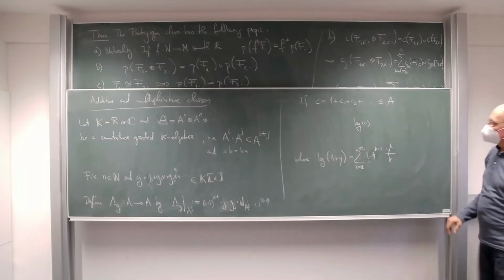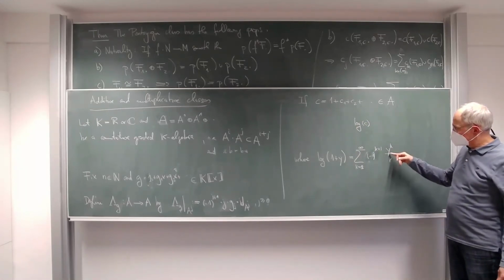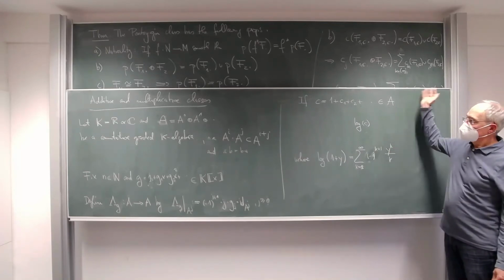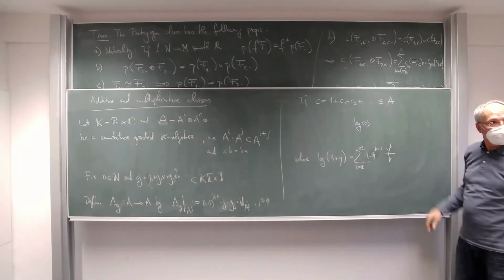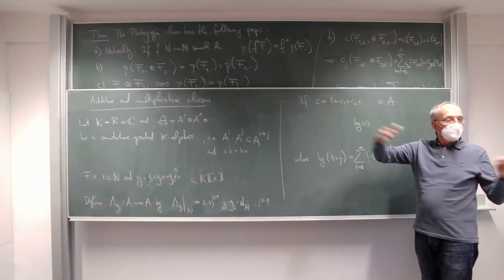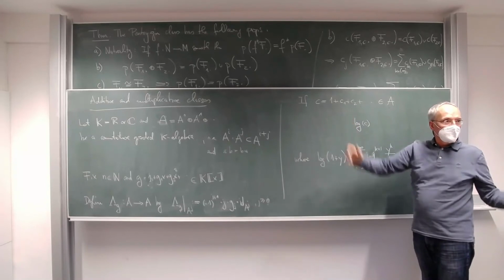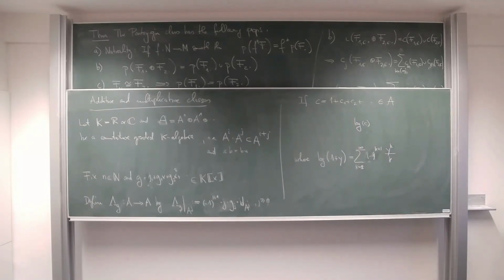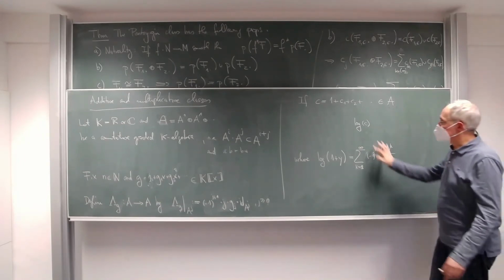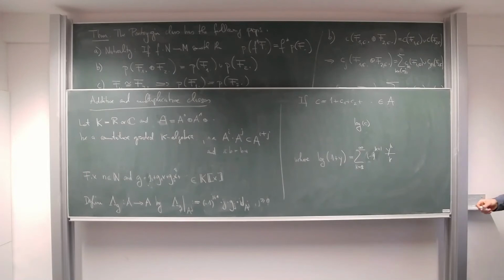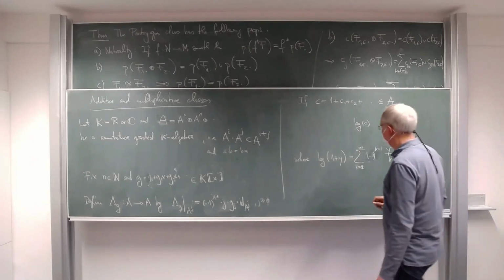Because as soon as you have a too high power in this expansion, then this will only contribute to higher degrees. The higher the degree you take, the bigger part of C you need, but always only finitely many. So there's no question about convergence here. So this is always defined. Okay, so that is an element in A.